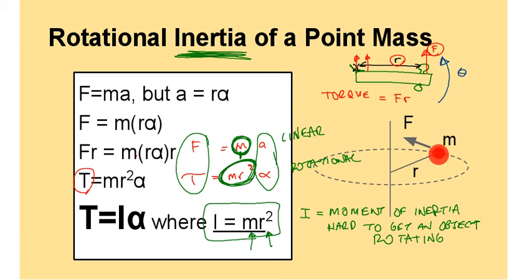This is a single point mass right here, and it's moving in this circle. So it goes around and around, and you can see that there's a force acting on it that makes it do that. That force at a distance gives me the torque that I need to cause rotation. And again, maybe that's worth writing in here. Torque causes rotation.